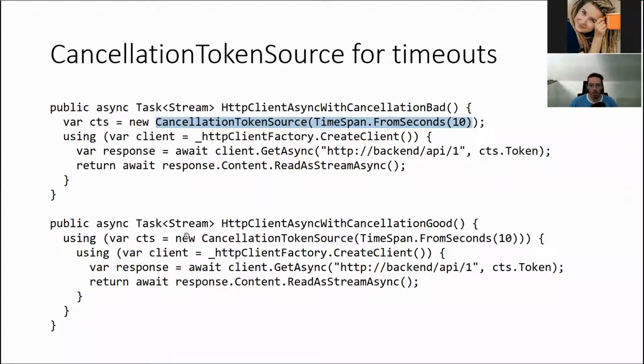So whenever you are using the cancellation token with some kind of timeout, don't forget to dispose it when you don't need it. When you get the response back, you can dispose it. That's this using block that I have here. It's closed here, and then it will dispose it, and then it will not be in the timer queue on the CPU core.